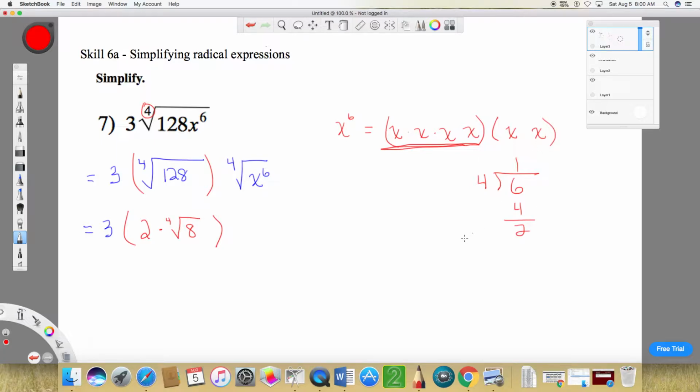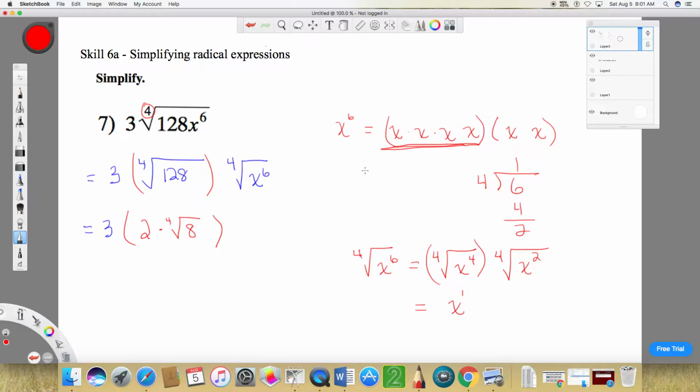See that remaining 2? So I know that if you're taking the 4th root of x to the 6th power, you can break that down: you have one group of 4 factors, and you have another group of 2 factors. Well, that's not enough to simplify. This is enough to say, hey, that's just the number x, because 4 divided by 4 is 1.